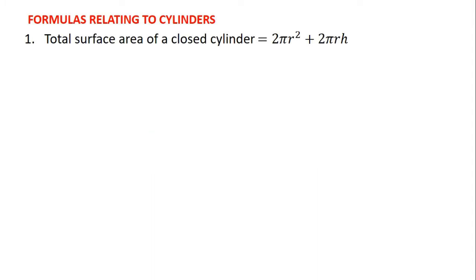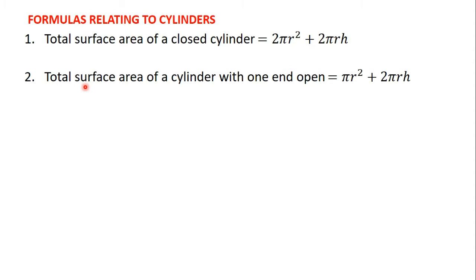We learned in the previous video that a cylinder can have both ends closed. So if a cylinder has both ends closed, the total surface area of the cylinder is given by 2 pi r squared plus 2 pi rh, where r is the radius of the cylinder and h is the height of the cylinder.